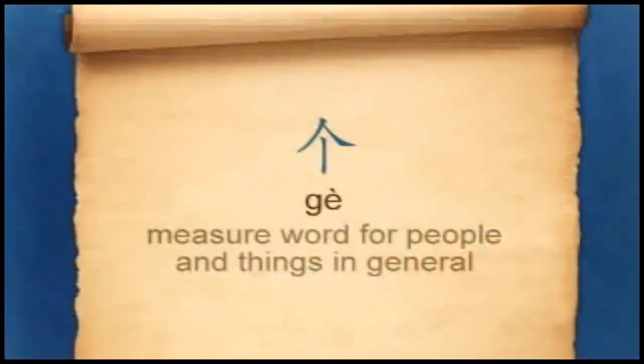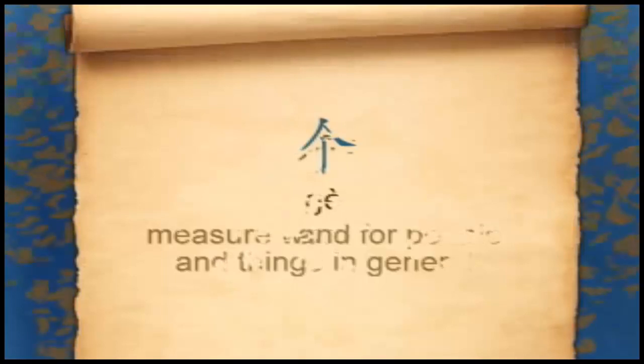Last time, you learned a new concept that concerned using measure words. What was the measure word you learned? 好. Yes, 个, the measure word for people and things in general. Say it for me. Do you remember the word for and?